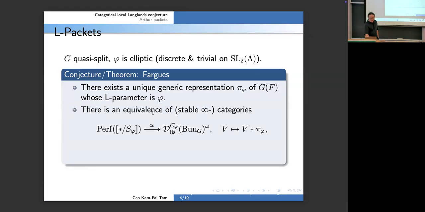And there's an equivalence of categories between the perfect complexes on the classifying stack of S_varphi, which more or less you can just think of as the representation category, I mean the derived category of that, and on the right-hand side, the derived category of lisse sheaves on Bun_G. But we focus on the component coming from this C_varphi, the connected component in Par-G that contains this varphi.